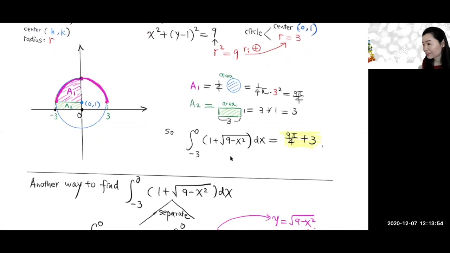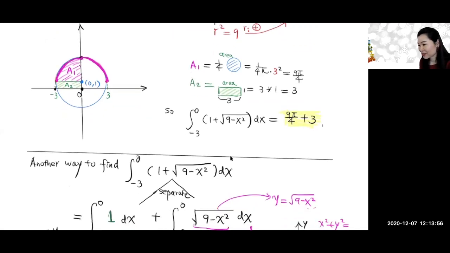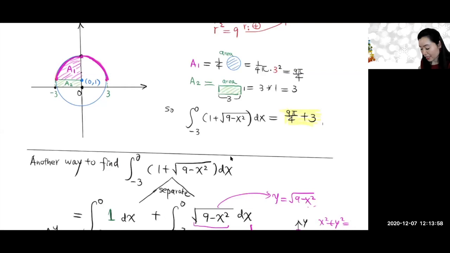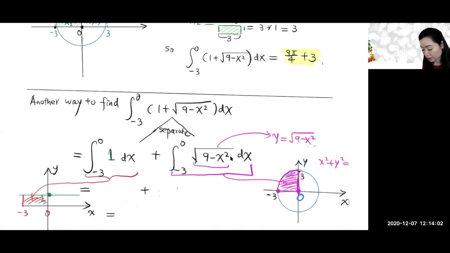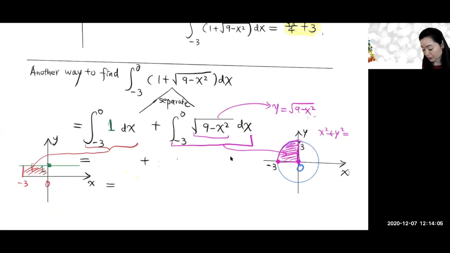Now another way to do it, okay? So this is one way to do it. Another way to do this is to separate this into 2 parts. When you integrate the sum, you separate it into 2 parts.